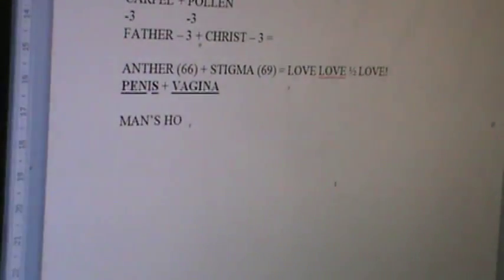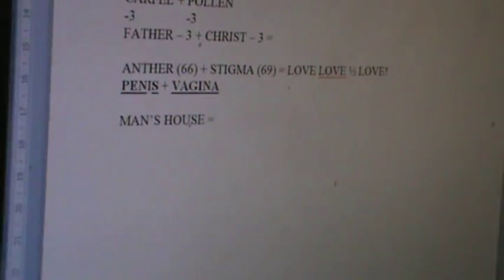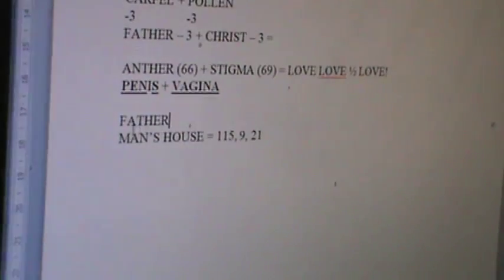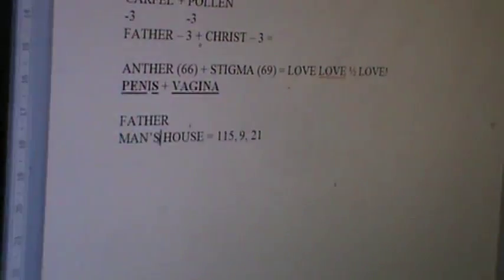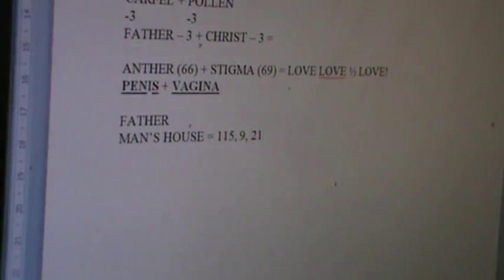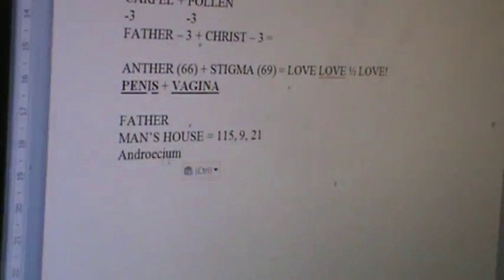Ay caramba, this is just crazy. 9 letters, 21 strokes. That exactly parallels father, man's house. Father, man's house. But then it's called the androecium.